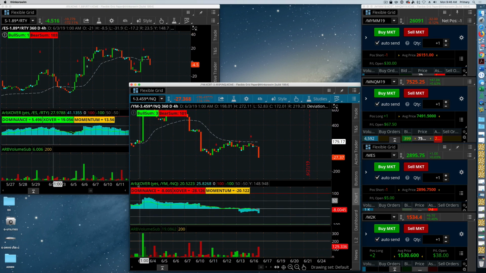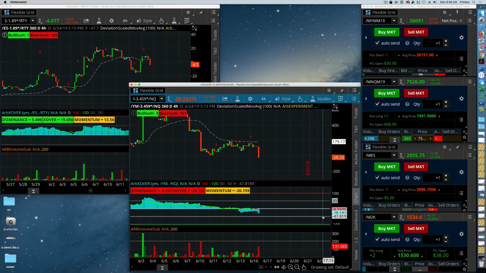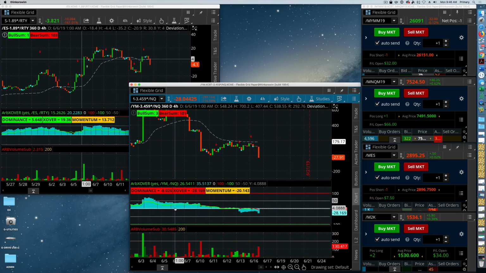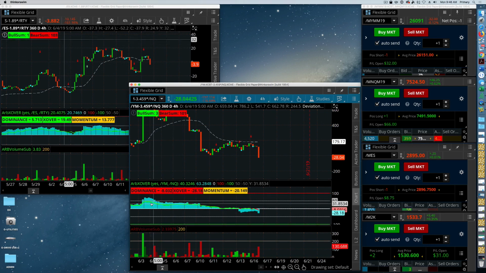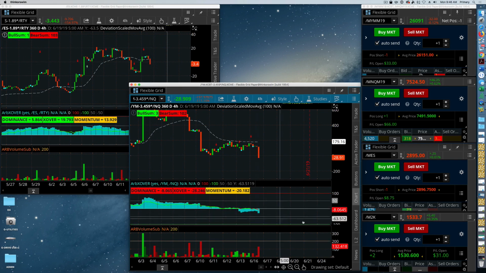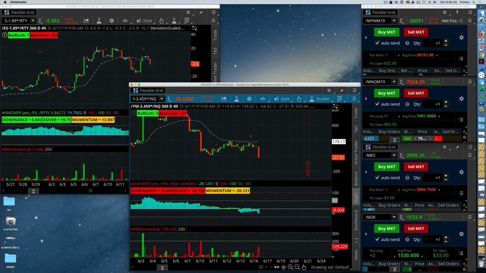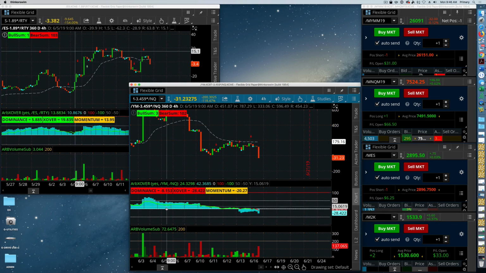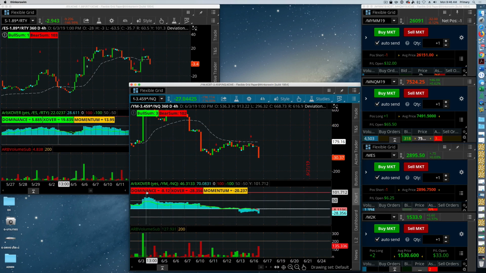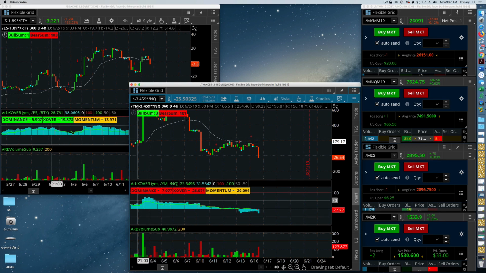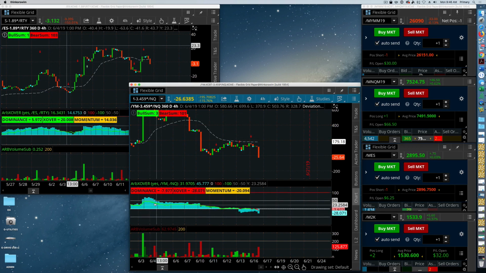We have a new crossover system. What the crossover system does is it measures the green line and the red line here. It turns red when it goes below zero, green when it's above zero. It measures the dominance of the instruments. In this case, if it's green, YM is dominating.